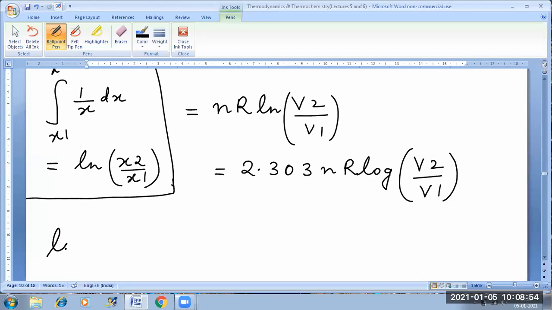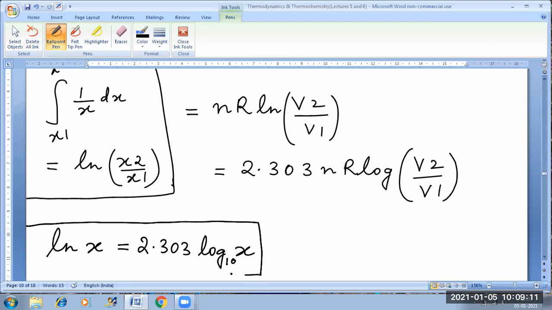So I can say that ln x is equal to 2.303 log x to the base 10. This also has to be known. So I've achieved the value of final delta S system. So this is delta S system for a reversible isothermal process.